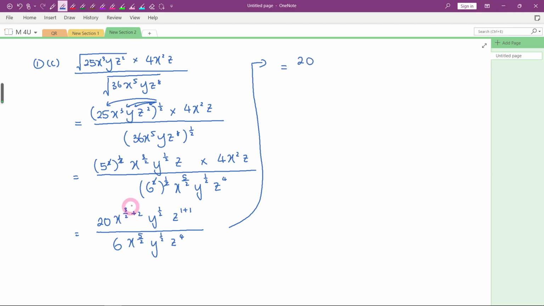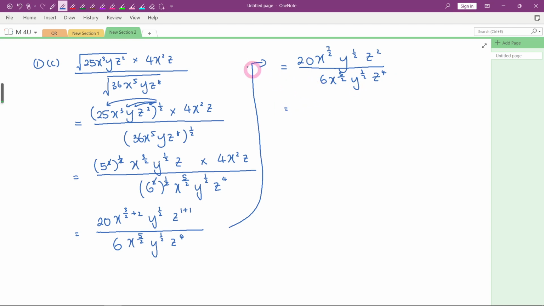20 times x raised to the power of, you can just press the calculator if you are not very sure, 7 over 2, y power 1 over 2, z power 2, over 6x power 5 over 2, y power 1 over 2, and z power 4.